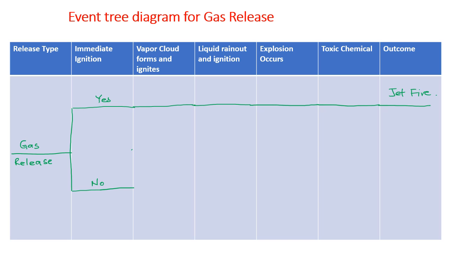Okay. Then if immediate ignition does not happen, the released gas may form the vapor cloud. So if a vapor cloud is formed, there is no question of liquid rain out or ignition at this moment. Explosion may happen, right? So we will go into this phase, and there will be two different situations here.